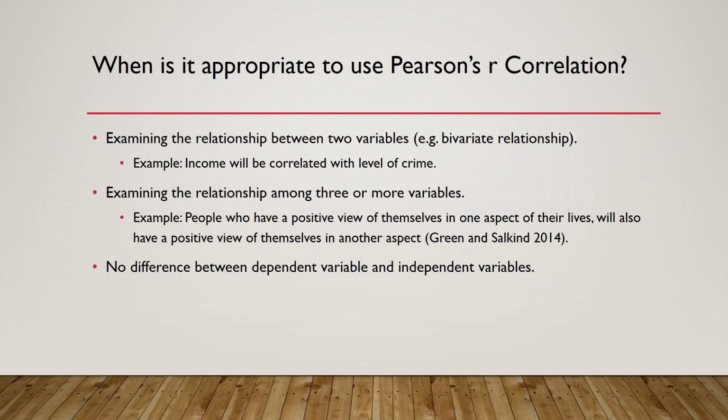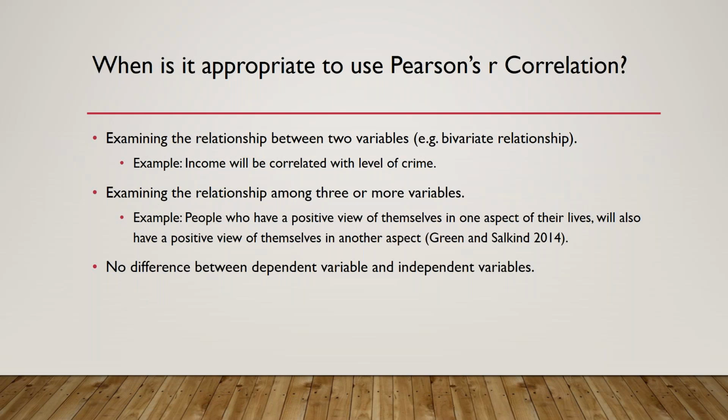So when is it appropriate to use Pearson's r correlation? Well, first of all, as I said, it's a bivariate relationship. So this is when you have two variables, one independent variable and one dependent variable. For example, if we wanted to see if income would be correlated with a certain level of crime, we would use the Pearson's r correlation. It also looks at examining the relationship among three or more variables.